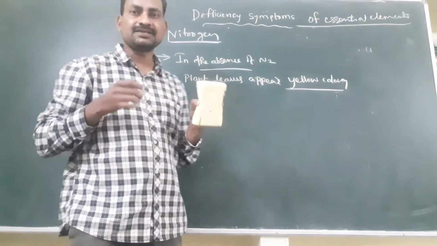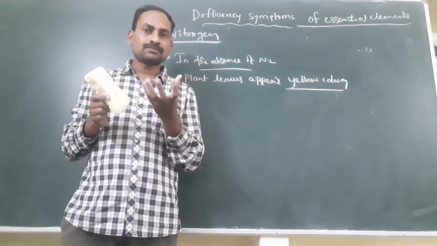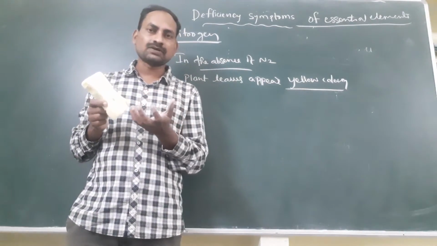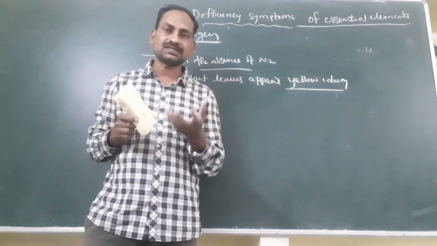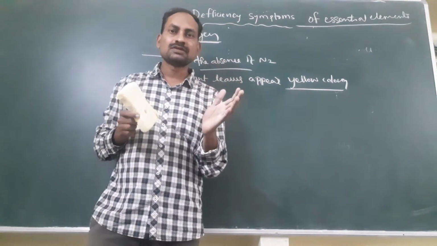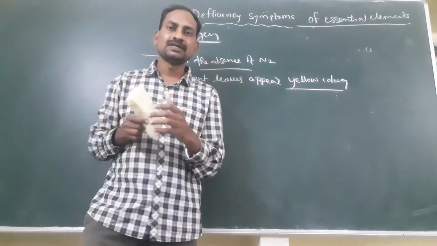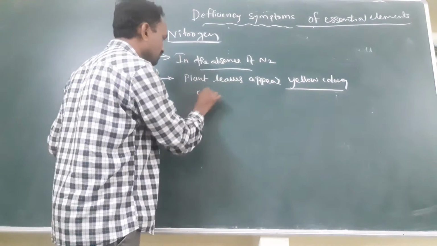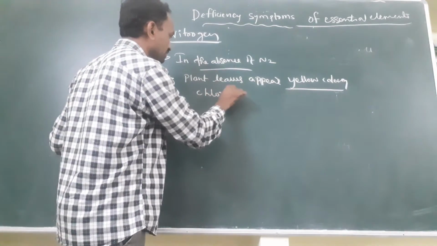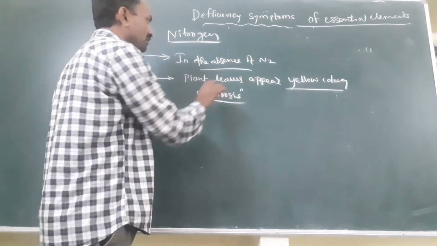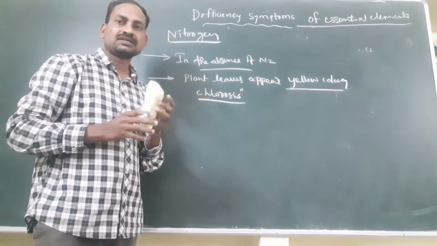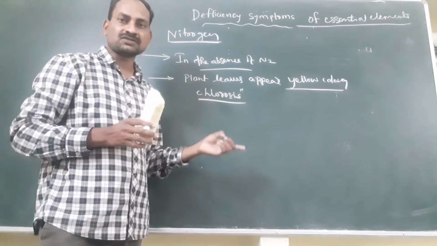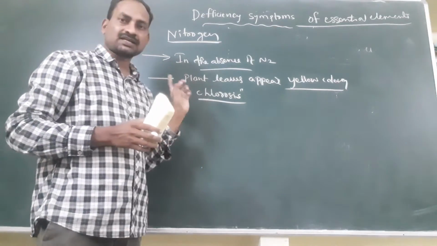Or else we can say that plant leaves turn into yellow color. That is called chlorosis. The green leaves turning into yellow leaves is called chlorosis. Understood? When partial nitrogen is available in the soil, chlorosis occurs.